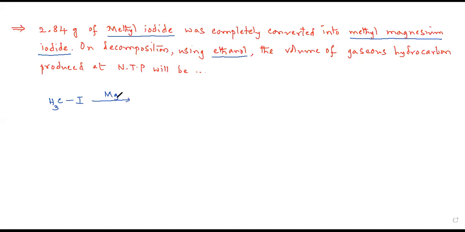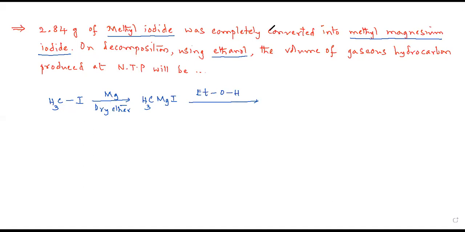Now methyl iodide reacts with magnesium metal in the presence of dry ether to give methyl magnesium iodide. Now this methyl magnesium iodide is treated with ethanol. Et refers to ethyl.